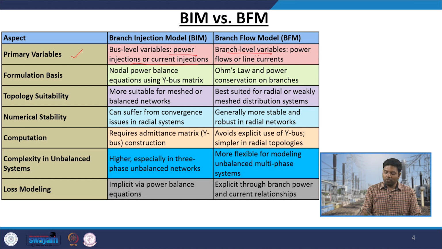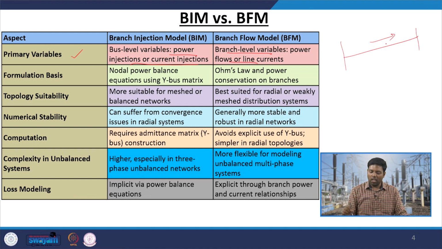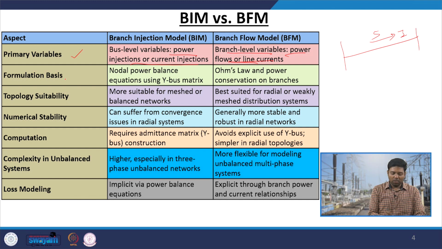But for the branch flow model, normally we are concerned about the flow through the line. So, that is why the branch flow model takes the variables of the power flows or the current flows. Formulation basis: for the bus injection model we consider the Y bus matrix, for the branch flow model we use normal Ohm's law and the KCL and KVL equations.